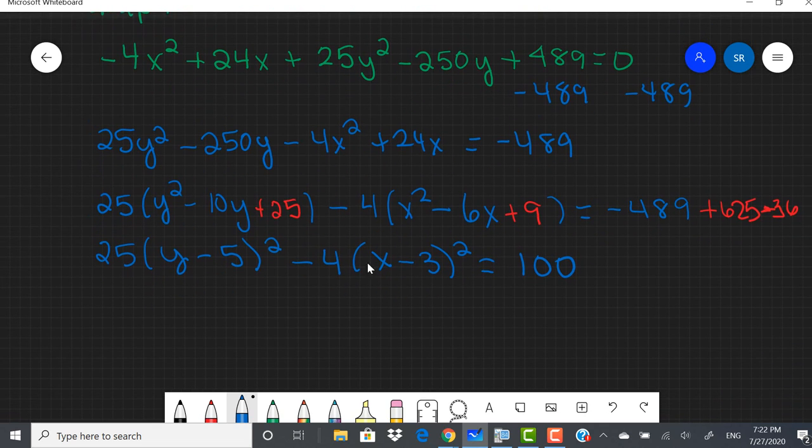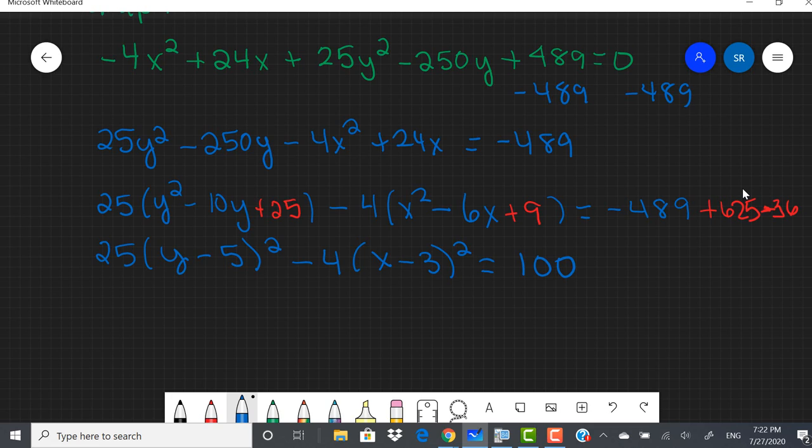If you don't end up with nice fractions when we divide by 100 on these sides, and sometimes you'll end up with messy ones further down the line in higher calc classes, but for now we just use nice even numbers. So if you don't get a nice number, you may have done something wrong over here.